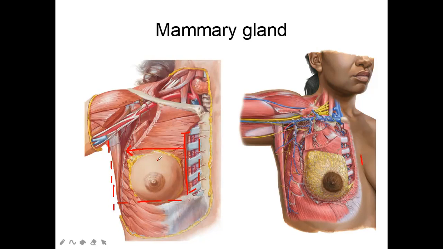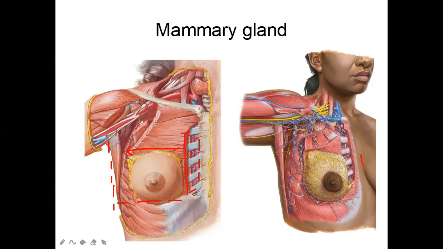Then we see that the breast gets blood supply from different sources, and the veins correspond to the arteries. So for blood supply of the breast, we have supply coming from the internal thoracic artery, which you may remember from your thorax. The internal thoracic artery gives perforating branches that supply the medial quadrants of the breast. Number two, we also have perforating vessels from the posterior intercostal arteries.